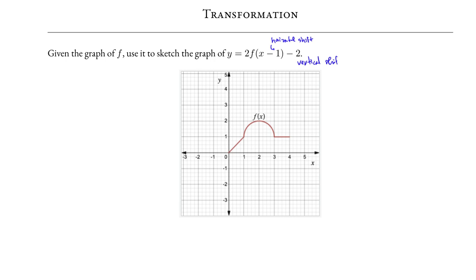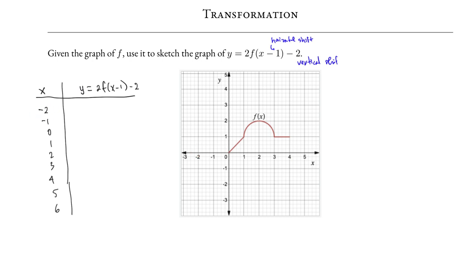To help us sketch the graph of this final function, we're going to make a table. Since there is a horizontal shift in the graph, we're going to include numbers that are outside of the original domain. Just for fun, we're going to start with x equals -2 to see what happens.